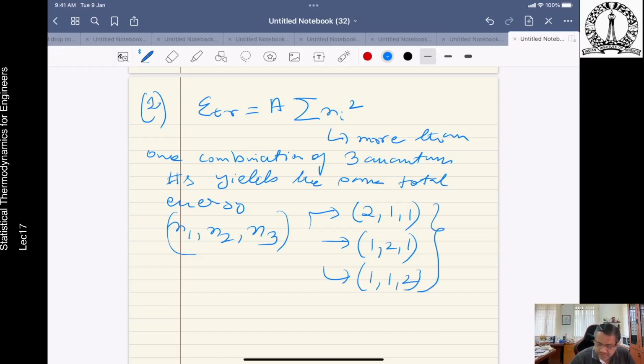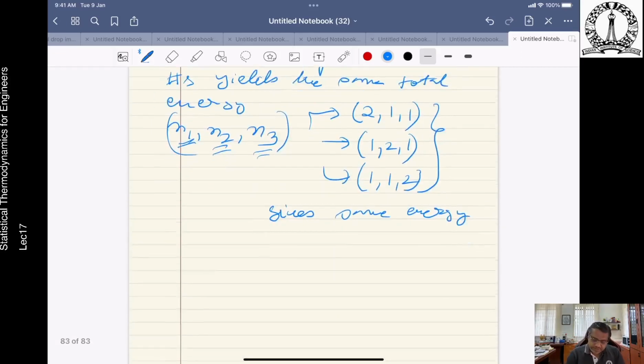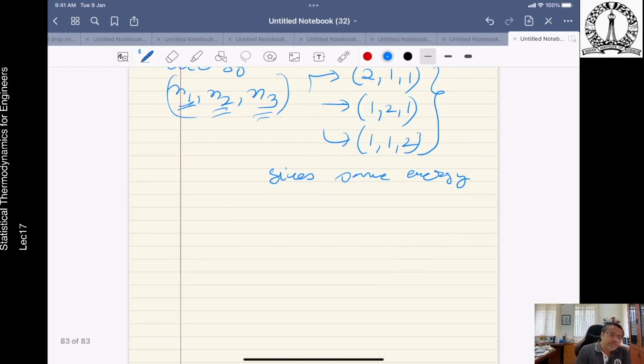These 3 give you the same energy, but the individual quantum numbers are different.